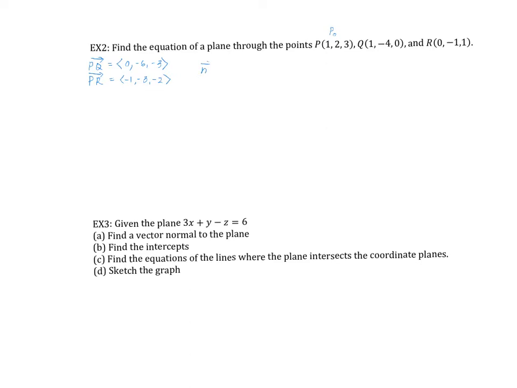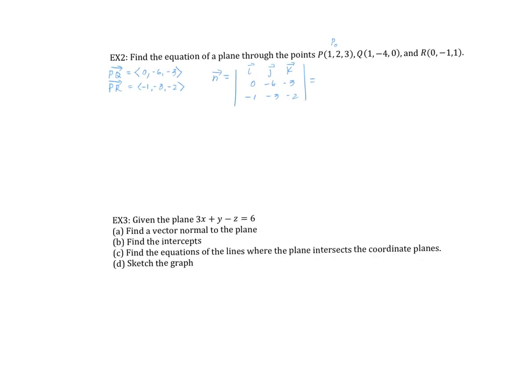So our normal vector is going to be the cross product, which would be our i, j, k vector of 0, negative 6, negative 3, negative 1, negative 3, negative 2. And when we compute our cross product, it looks like it's going to be negative 12 minus 9.